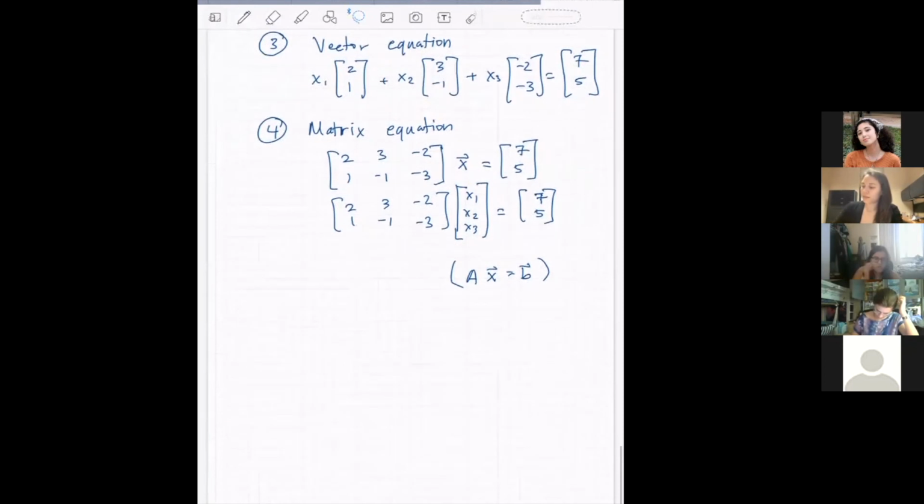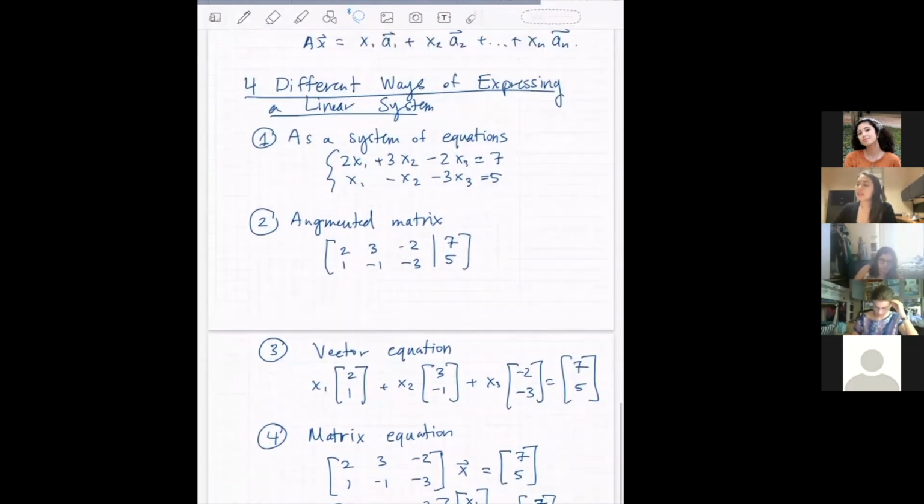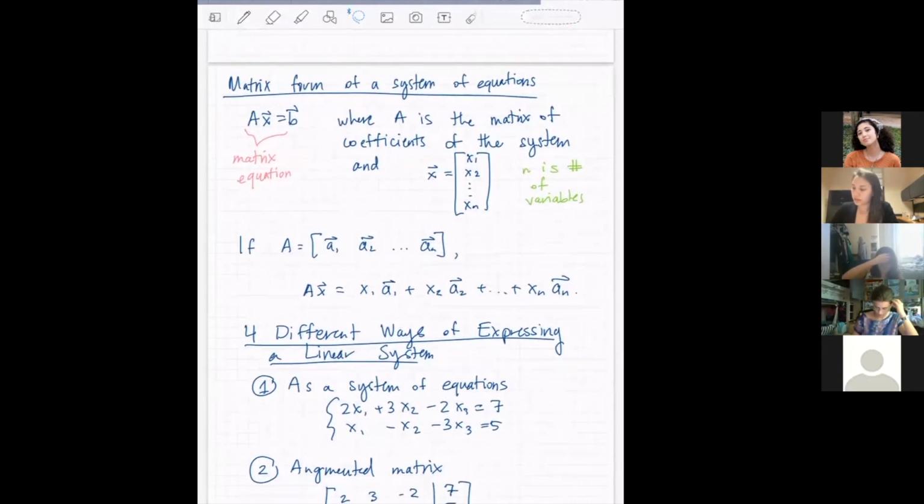Can you go back to where you first mentioned the matrix form of a system? Yeah. Okay. So I'm assuming there are benefits to each method of writing them.